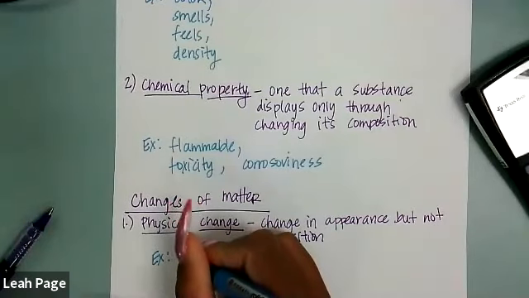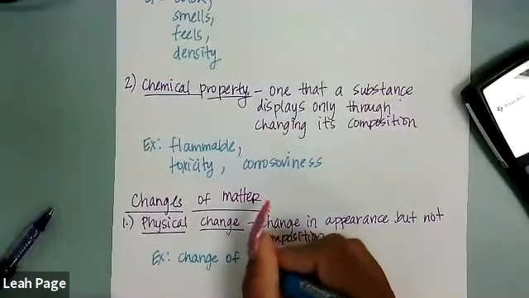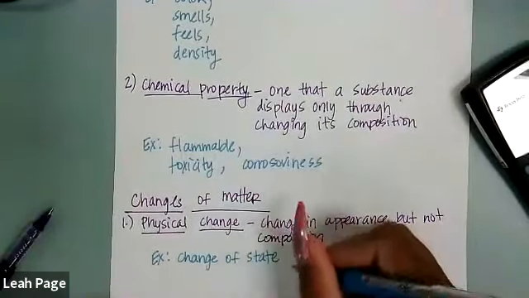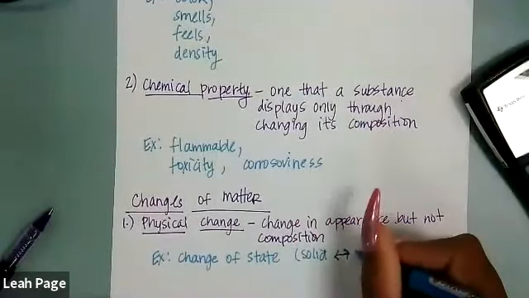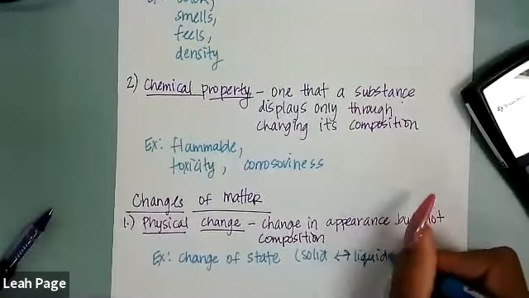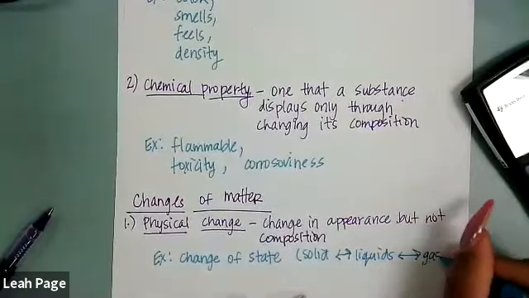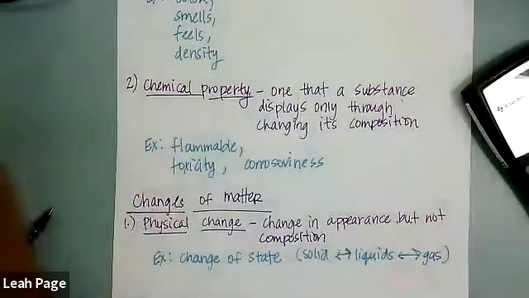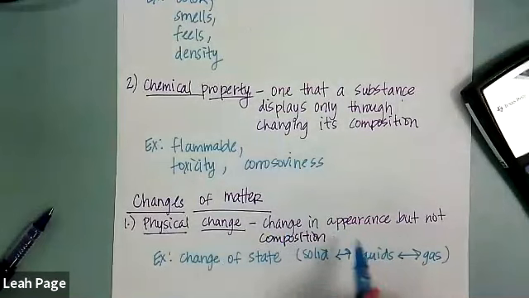So I'm going to say anytime you have a change of state, basically when I have solids back and forth to liquids, back and forth to gases, anytime I have any of these changes in states, we consider those physical changes, because the appearance changed, but the composition, which is still water, doesn't change.